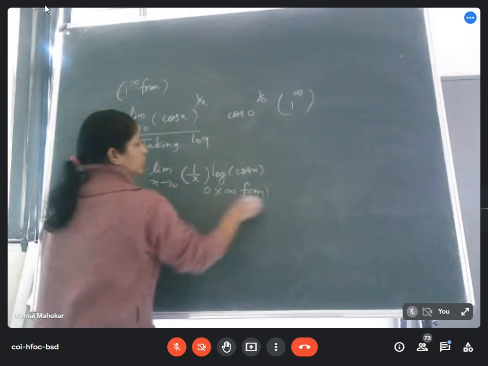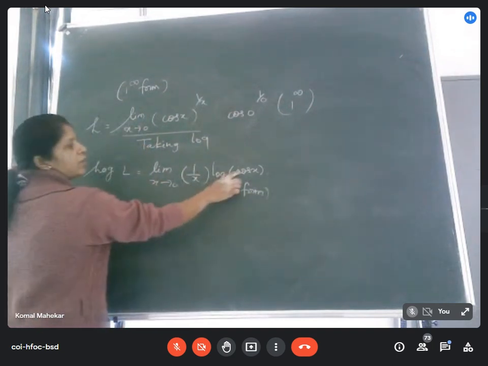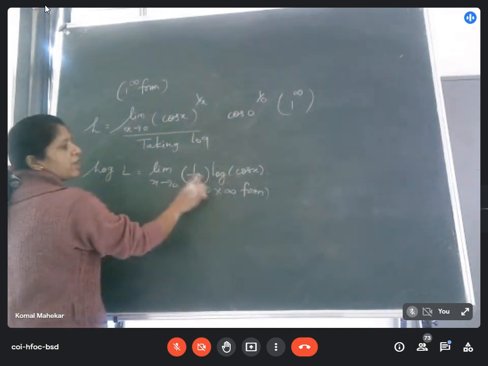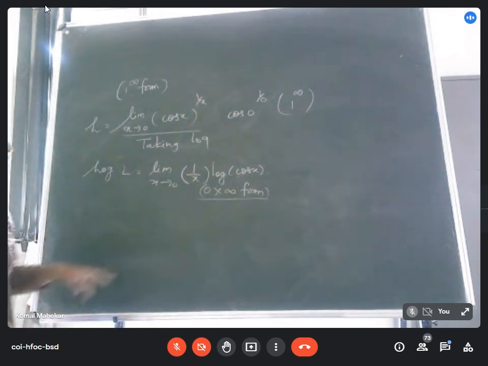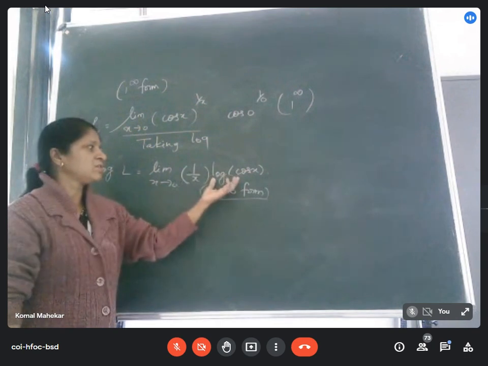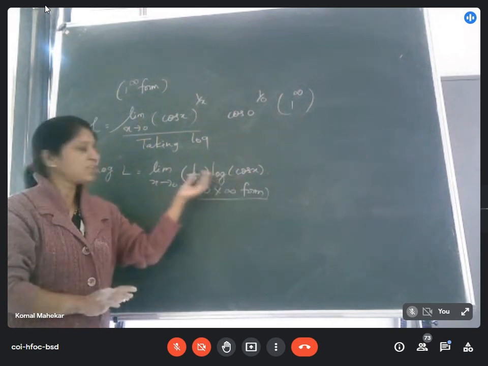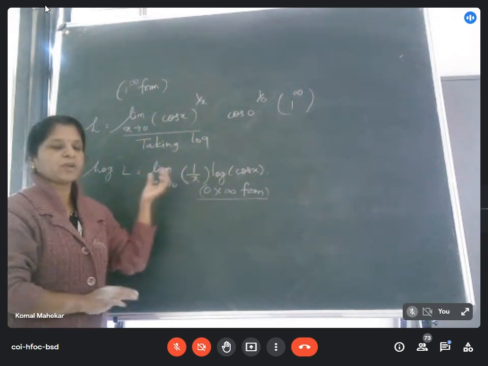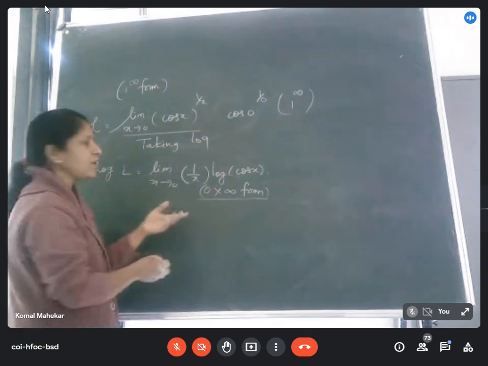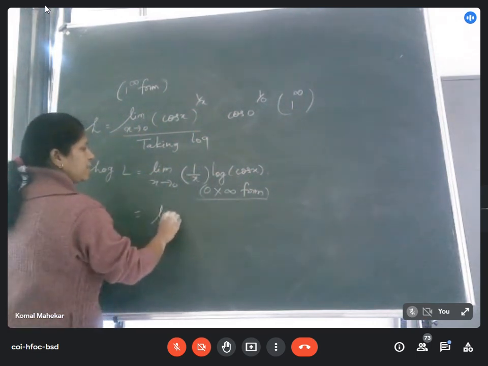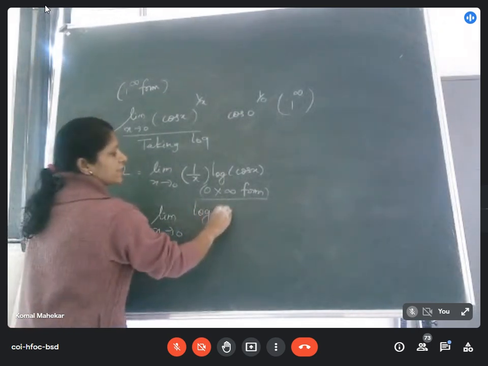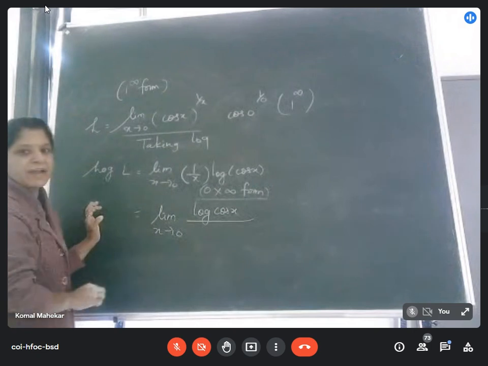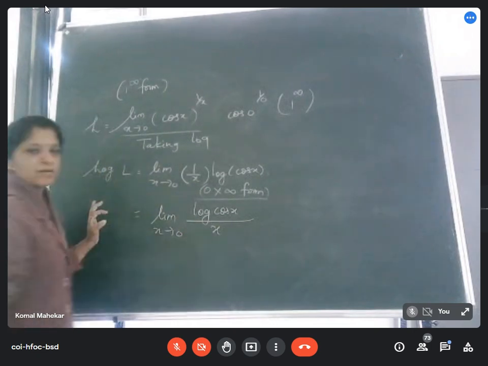1 by 0 is infinity, log of 1 is 0, so this is 0 into infinity form. So we will write this function, keep the log function in numerator, and shift the second function to the denominator. So we write x tends to 0, log of cos of x divided by x.